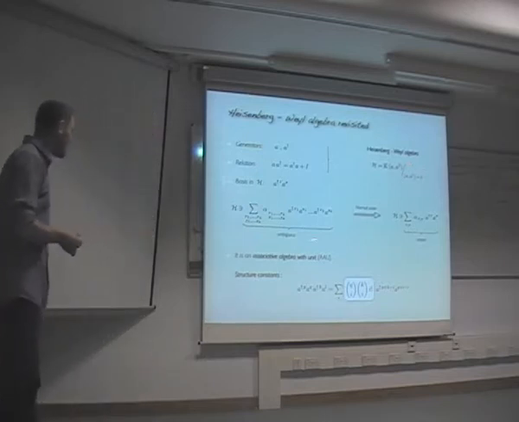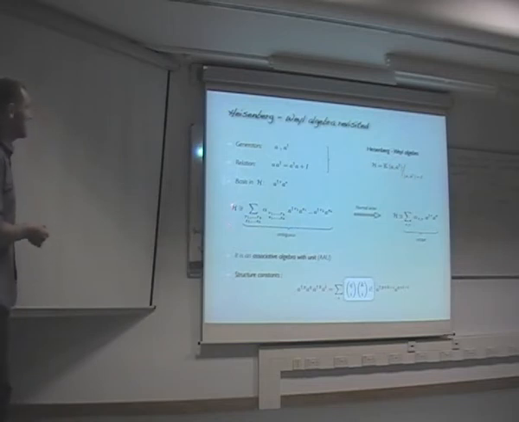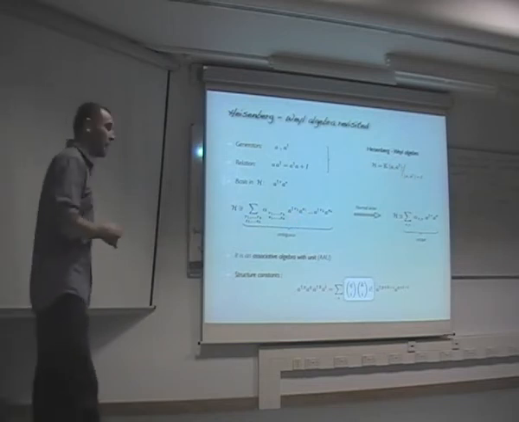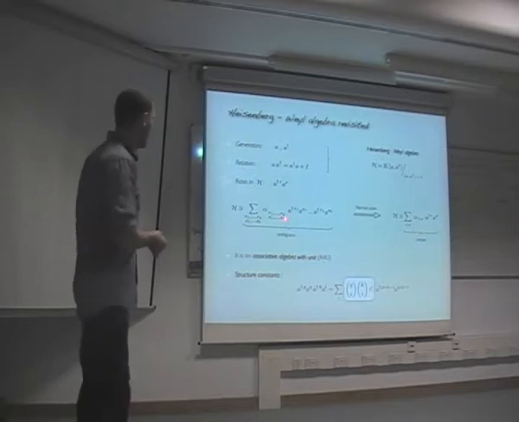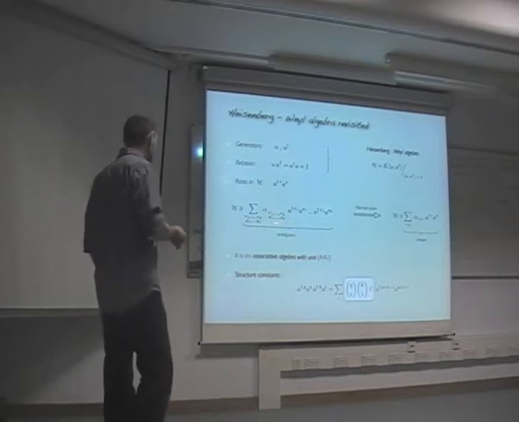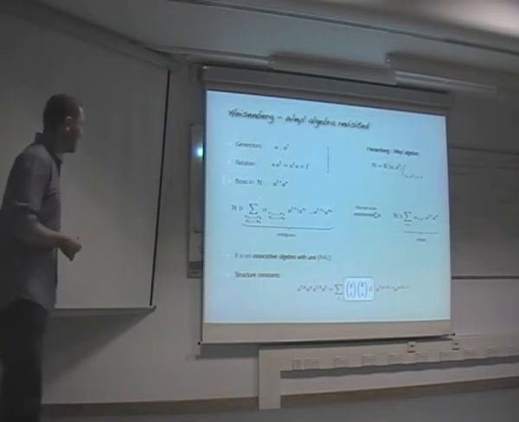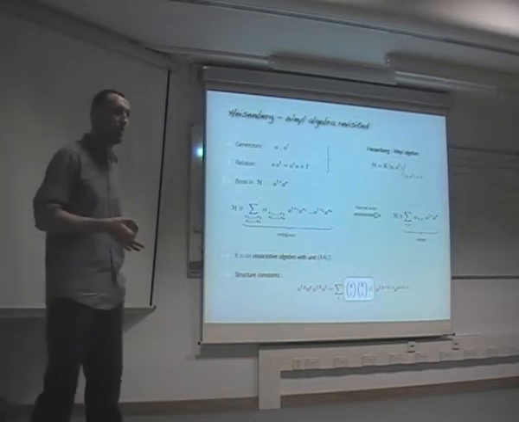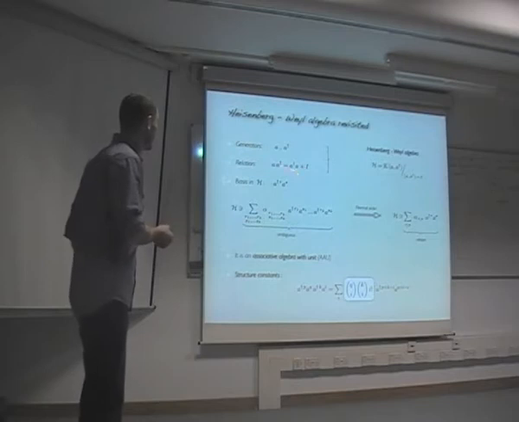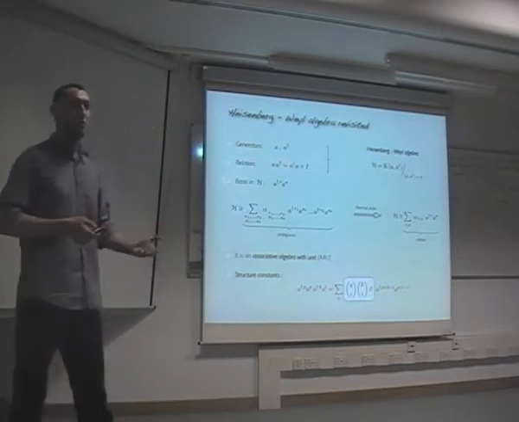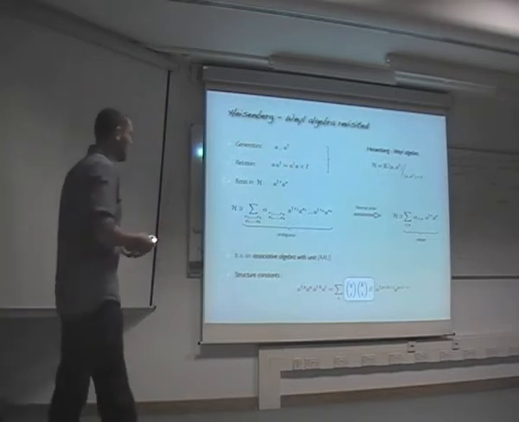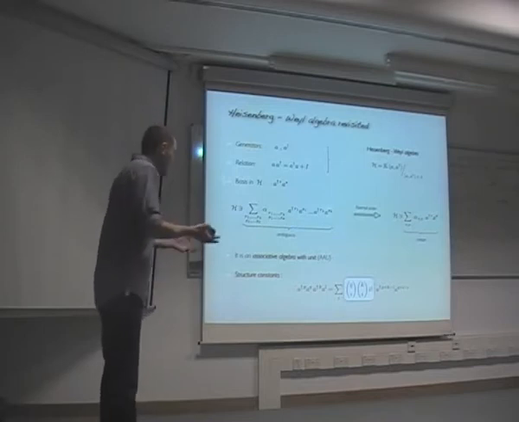So, all elements in the algebra have this form. These are strings in creation and annihilation operators with some finite sums with some factors here. And so this is the general element. Of course, this representation is ambiguous, due to this commutation relation here. So what you do, you normally impose some ordering.